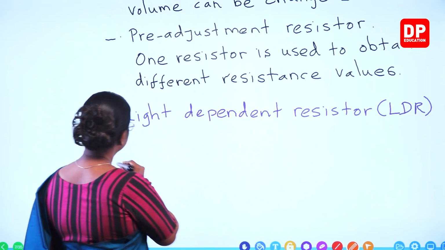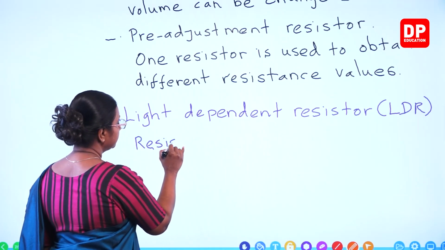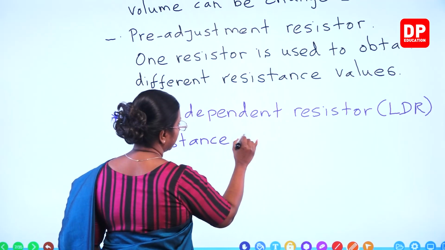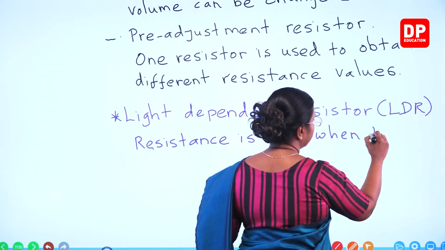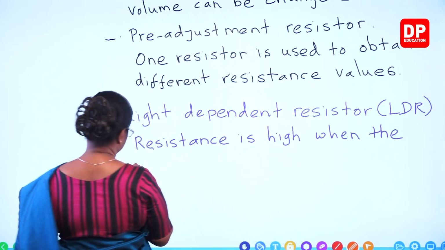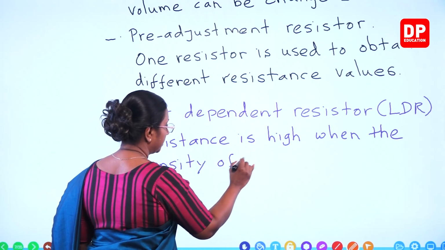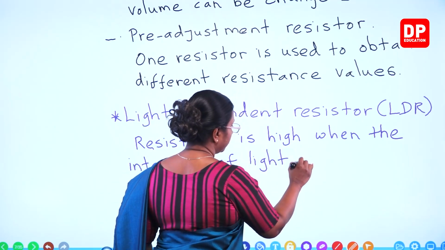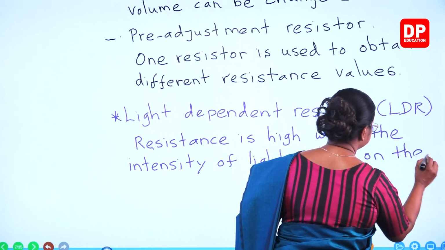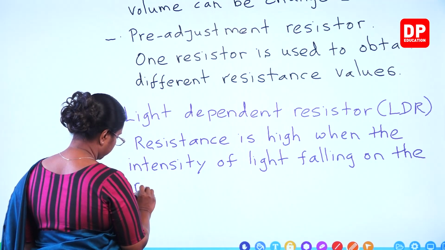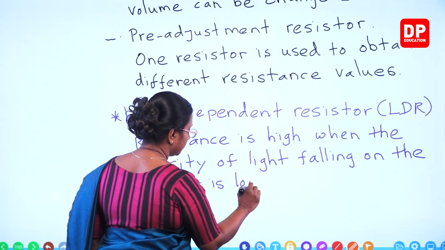So here of course resistance is high when the intensity of light falling on the resistor is low.